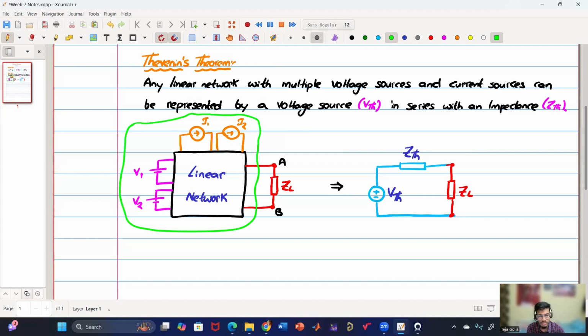So Thevenin's theorem says that this linear network with multiple voltage sources can be represented by a voltage source V Thevenin in series with an impedance Z Thevenin. So if you have a complex network and they're asking what is the voltage of VAB, then we can calculate VTH, ZTH and then connect them in series and solve the circuit on the right side. Now let us not go into the proof because that sir has covered. So we'll discuss how to calculate this VTH and ZTH.